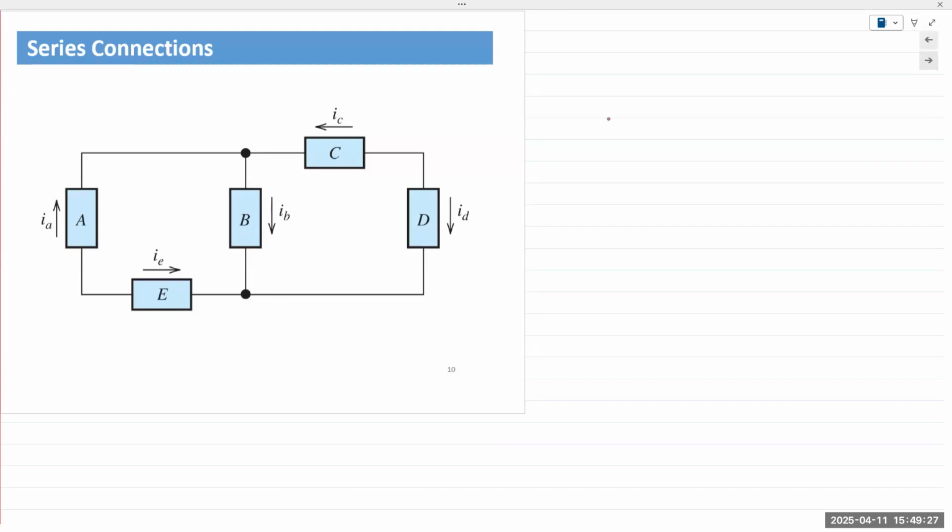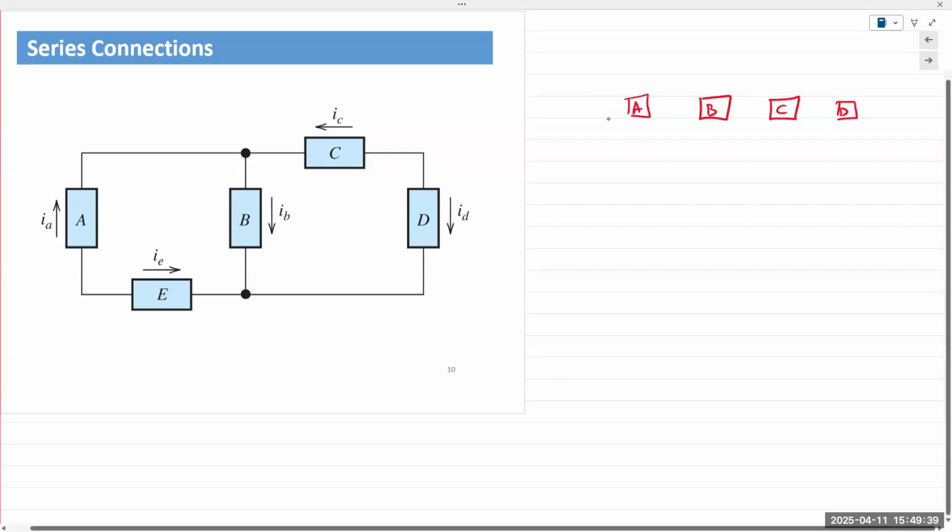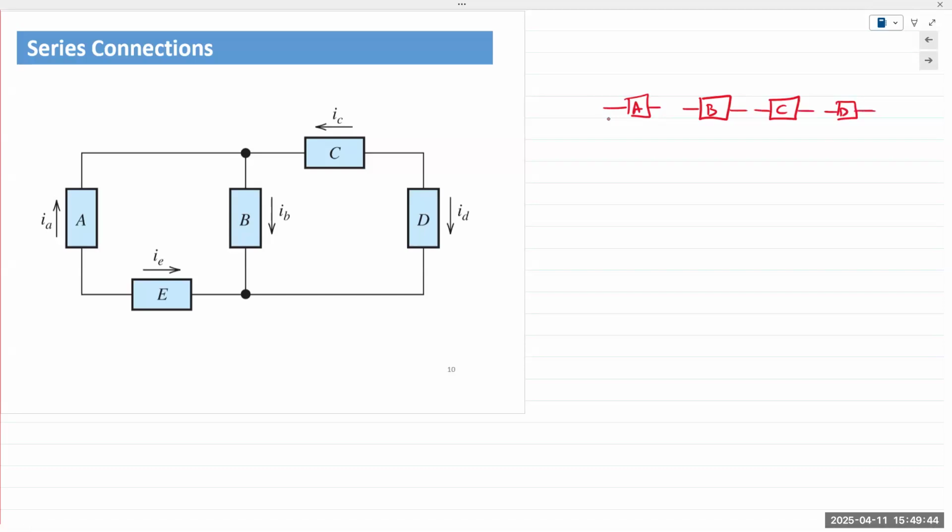So if you have elements A, B, C, D, and they're all 2-terminal devices, they have 1 terminal on each side. They can be considered to be in series as long as they share only one connection between the two of them and no more.